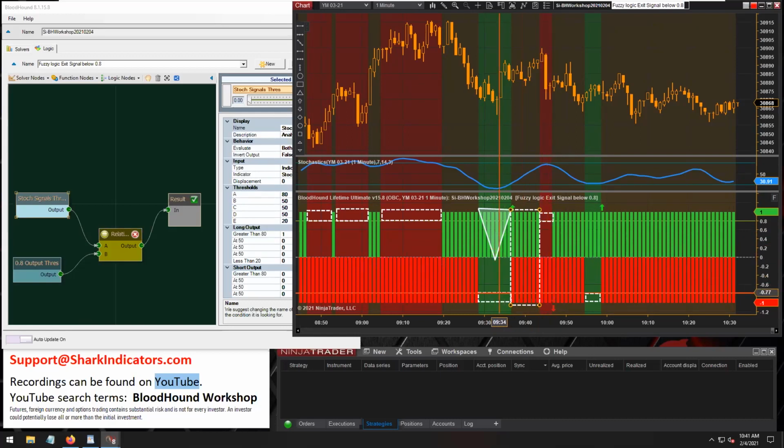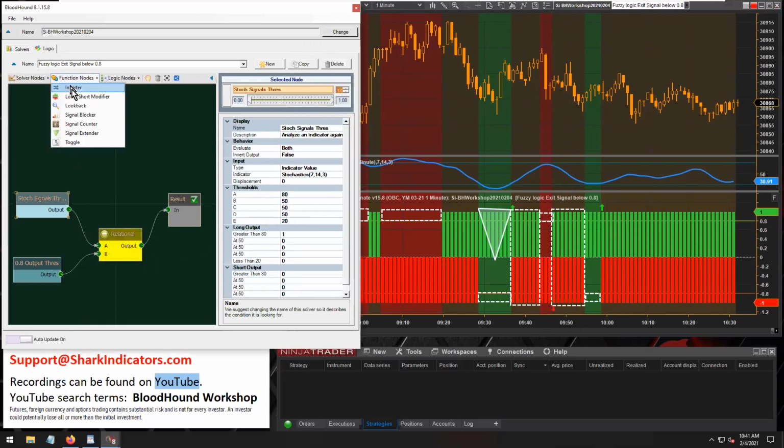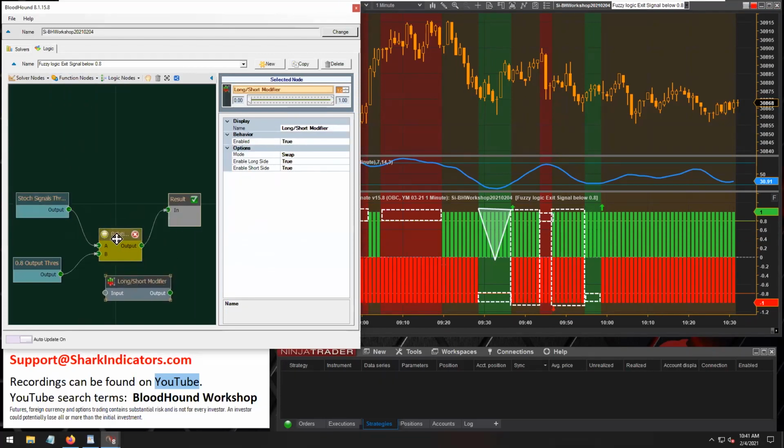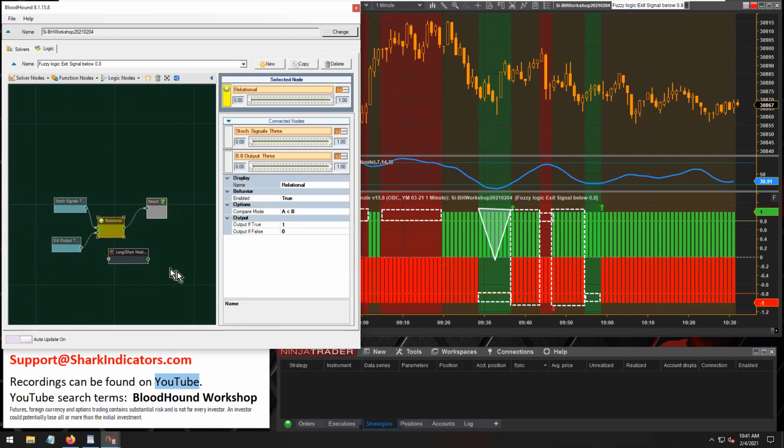We can see that in between the entry signals, the exits have a long and a short at the same time. So that's what we want to keep, all the outputs where we have long and short together. To do that, I can use the long short modifier. And it's time to zoom out a little bit.